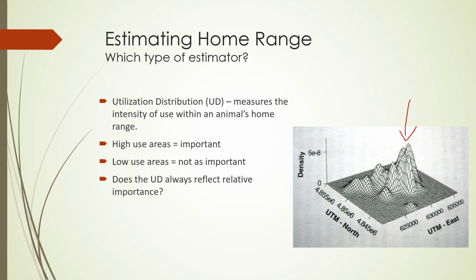Again, we tend to think high use areas are more important. That may or may not be true, as we've talked about. But it is important in terms of just knowing where animals tend to be most frequently, especially if you're involved in some sort of conservation or management action.